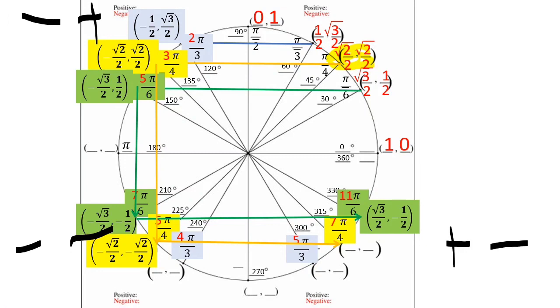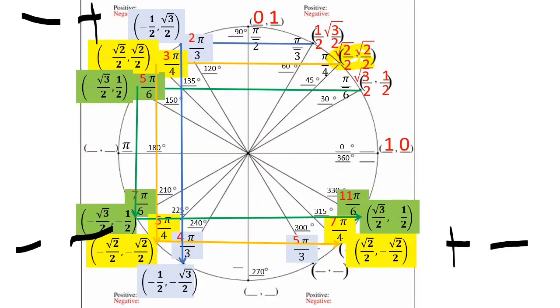We go across, the x coordinate will be positive, the y coordinate will be negative, and then we're going to go all the way around with our pi over 3s. So we go down, same coordinates, both negative, across, same coordinates, the y is negative. That's it.